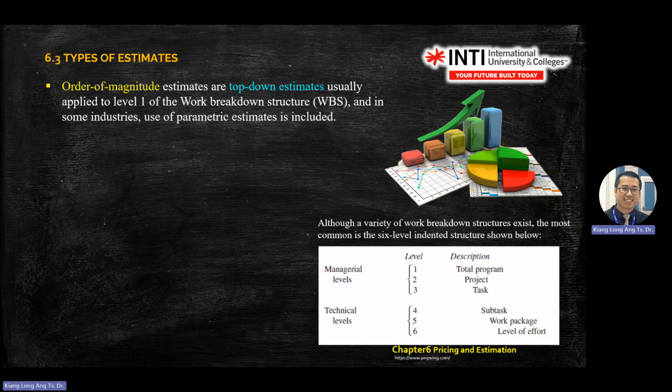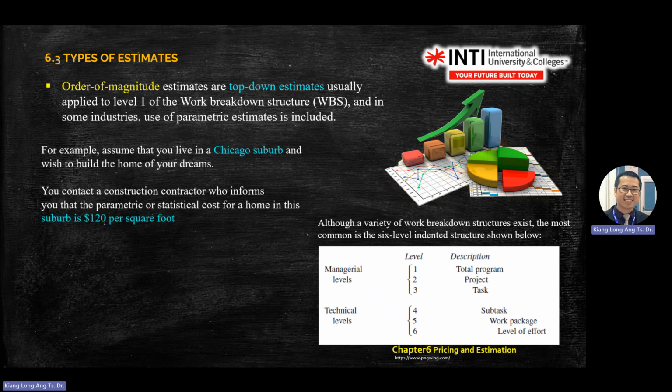It's called WBS, work breakdown structure. If you see this table here, you have level 1, 2, 3, and then 4, 5, 6. These are the WBS levels. If you are level 1, you are at the top, you make the decision.